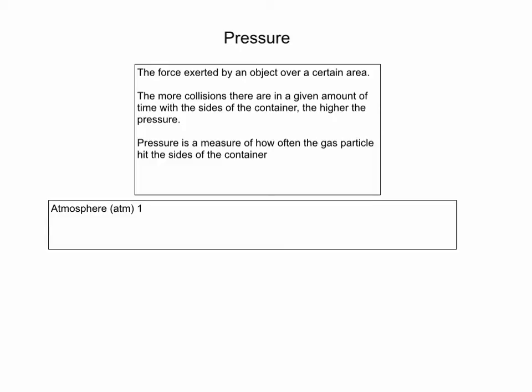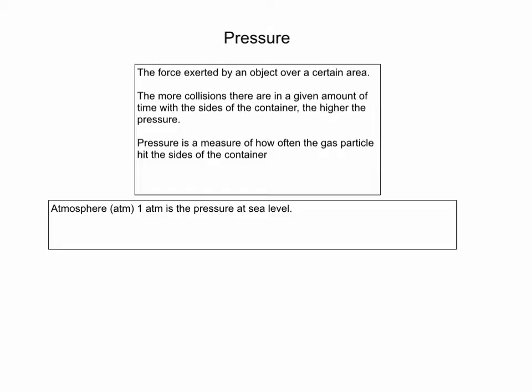And 1 atmosphere is the pressure at sea level. So on average, 1 ATM is the pressure at sea level. It fluctuates a little bit, but that's what it normally is.